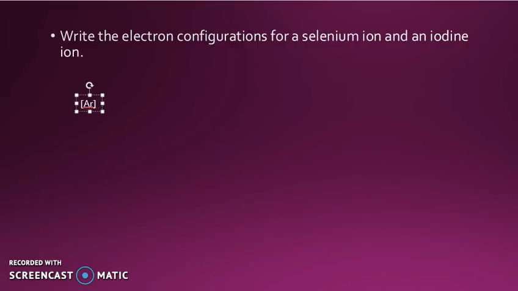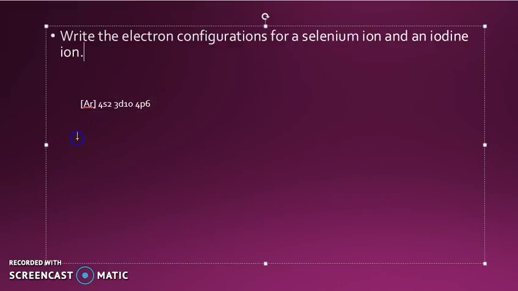And then the selenium atom would also have the 4s2, followed by the 3d10, and then 4p4. But it's going to fill up that p sublevel, so it would be 4p6, since the p sublevel can hold 6.